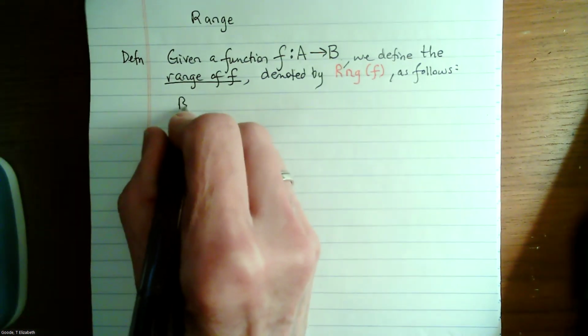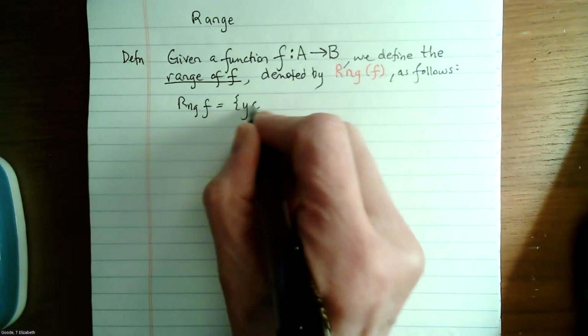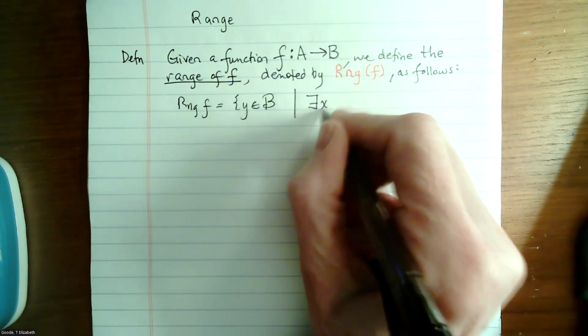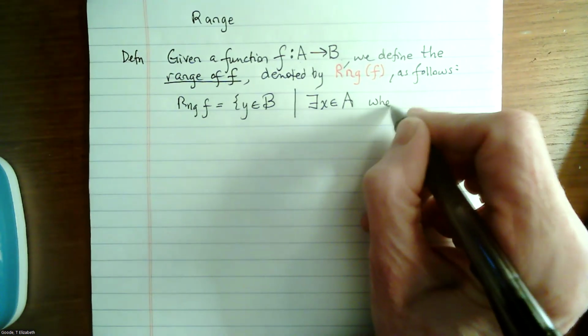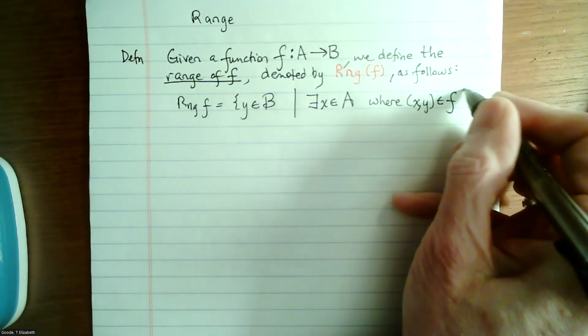So the range of f is equal to the set of y in capital B such that there exists an x in set A where the ordered pair x comma y is in F.